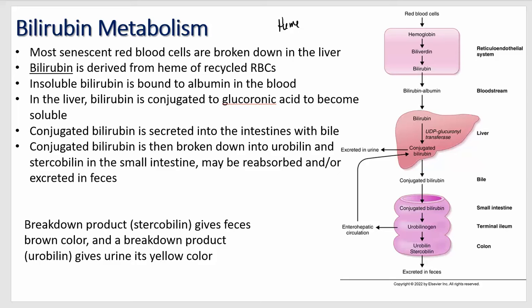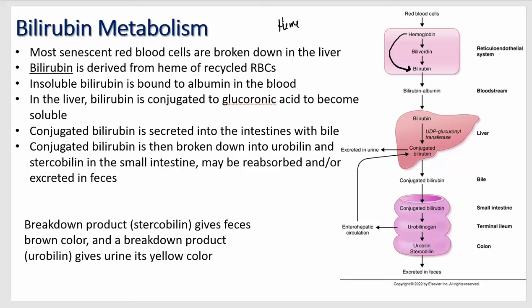Well, when red blood cells get old and start to die and break apart, we don't just release them into the blood. I mean, that does happen, but those have to be broken down, and the heme is broken down ultimately into bilirubin. So the heme group of hemoglobin is broken down into bilirubin.